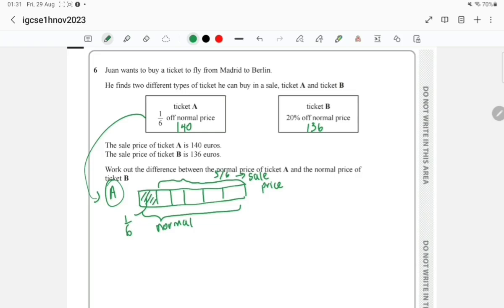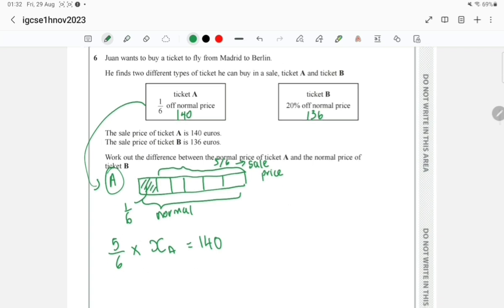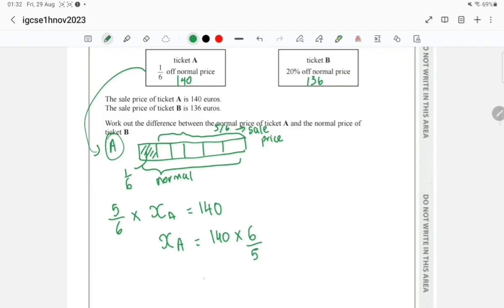Now this as a whole represents the ticket A normal price. So it means 5/6 of, let's say the price is x of A, will give me 140. So 5/6 of x of A is equal to 140. The normal price of A will be equal to 140 multiplied by 6 divided by 5. And this will give me 168 euros.